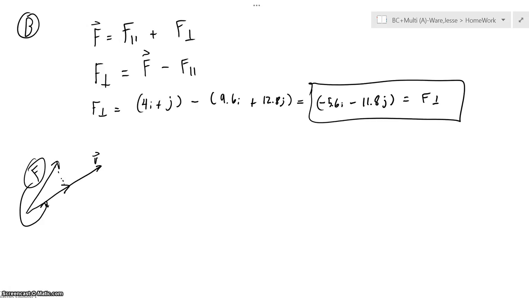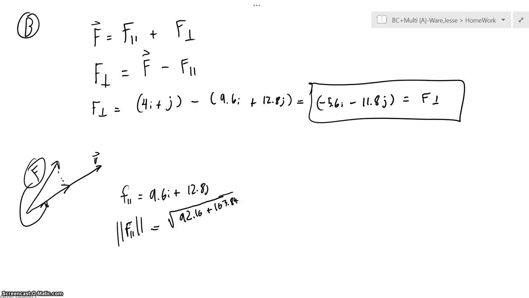First of all, we need to find the magnitude of F parallel. F parallel, if you recall, is 9.6i plus 12.8j.